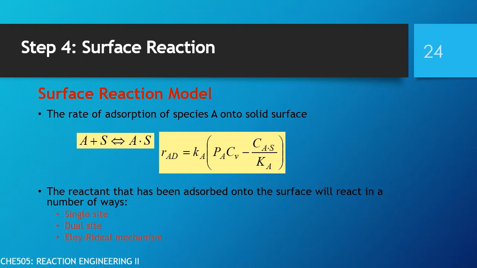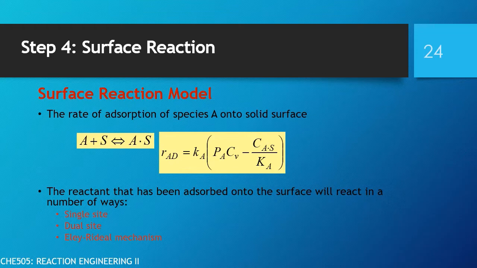So the adsorption of A plus S, reversible reaction to A·S. This is the net rate of adsorption, r_AD equals k_A P_A C_v minus C_A·S over K_A. This is from step 3. Then in step 4, it can be divided into three types.